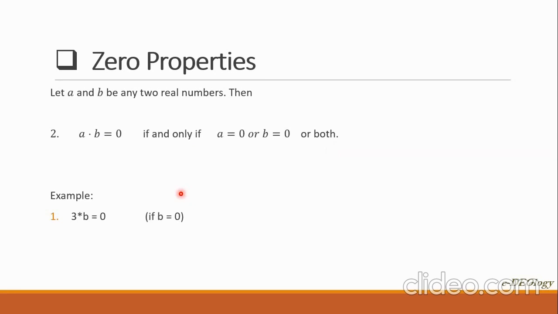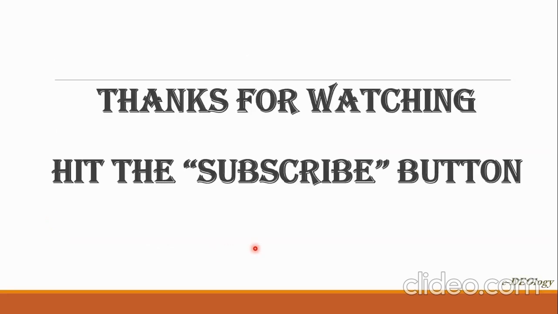This will be true if b equals 0. Another example is p times q equals 0. This will be true if p equals 0, or maybe q equals 0, or both are zeros.